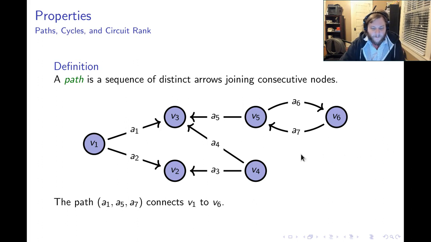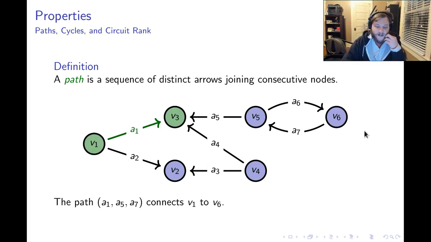And I'm claiming that one path here is the list of arrows A1, A5, A7. Before we take a closer look, I just want to look at those arrows. A1 is this arrow, A5 is this arrow, and A7 is this arrow. The idea is that those arrows connect consecutive nodes in the graph.